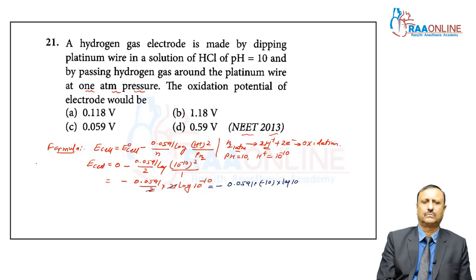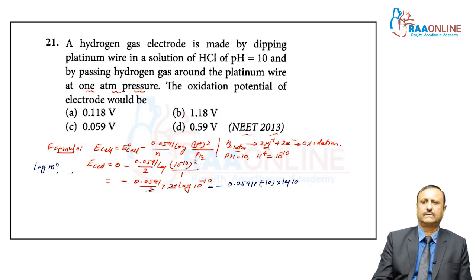So, you know log m to the power n equals n log m. So, here you can see log 10 to the power minus 10 is minus 10 log 10.